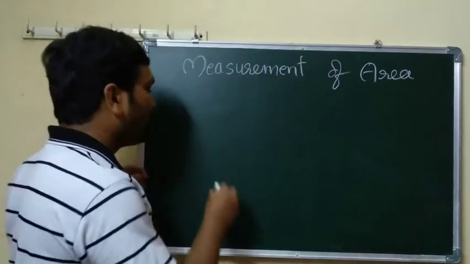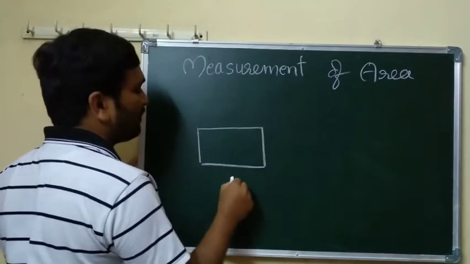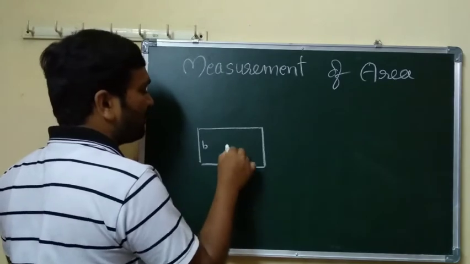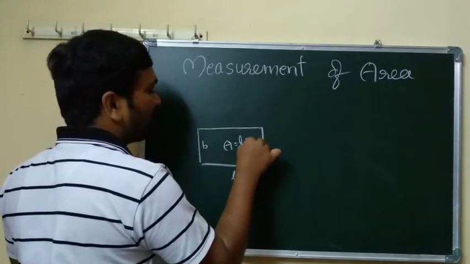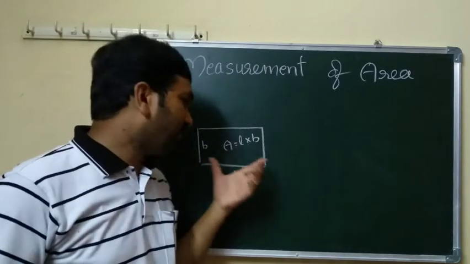What is the difference between regular and irregular? Suppose I take a rectangle, it's a fixed one. So length and breadth, area equals length into breadth. It's quite a simple picture, so I think everybody knows.